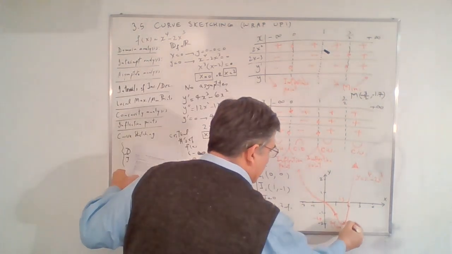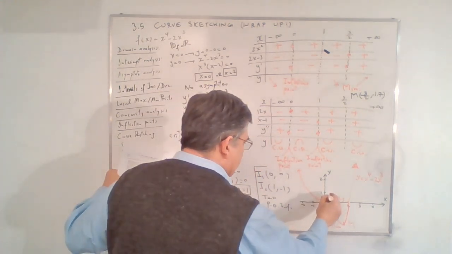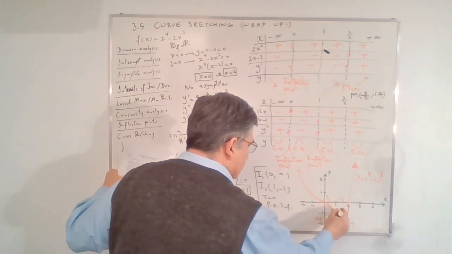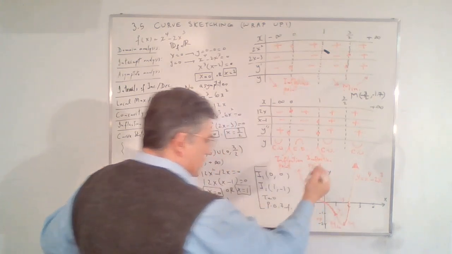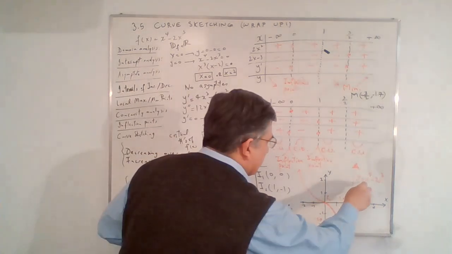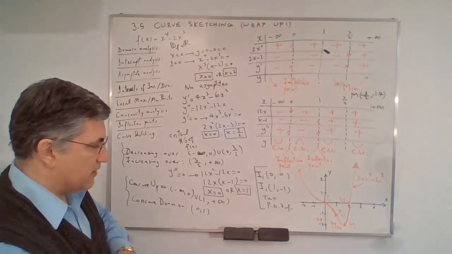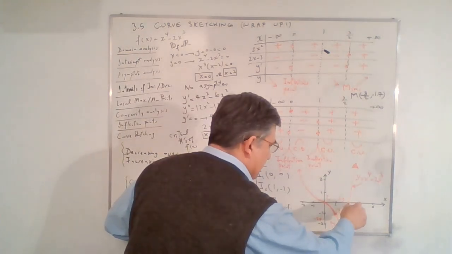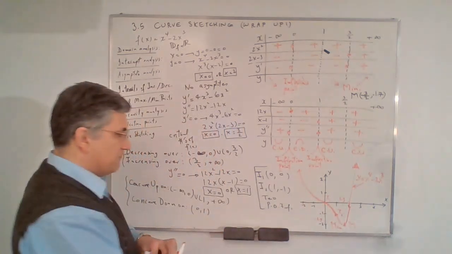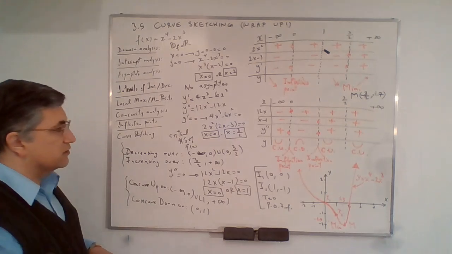This is so-called point M, the minimum point. This is the first inflection point I1. This is the second inflection point I sub 2. And I think the graph is sketched properly. And we have the x-intercept, the two of them. And I think this is complete now.